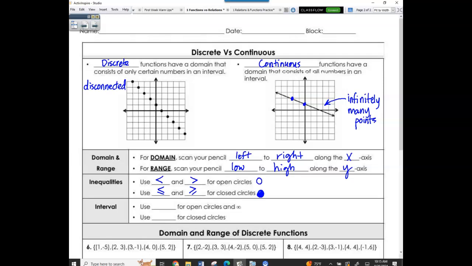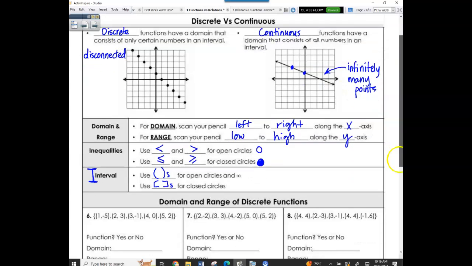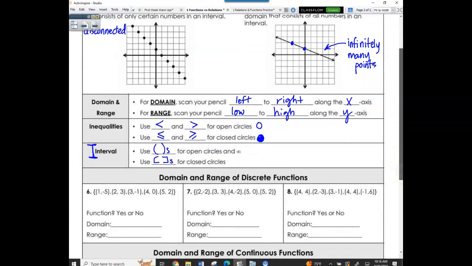In terms of interval notation, remember we talked about making a big old I using brackets like interval notation. If I have open circles or an infinity, it's parentheses. If I have closed circles, it's brackets. That should be familiar.